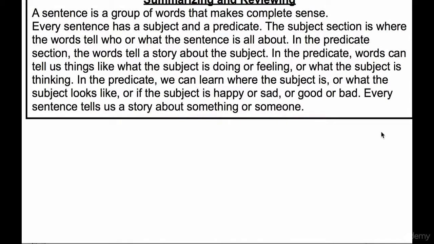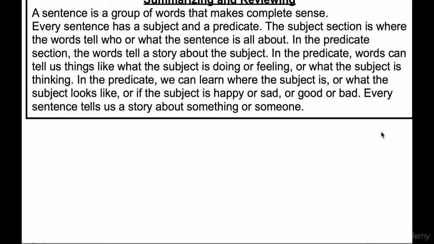But let's summarize and review. A sentence is a group of words that makes complete sense. Every sentence has a subject and a predicate. The subject section is where the words tell who or what the sentence is all about. In the predicate section, the words tell a story about the subject.